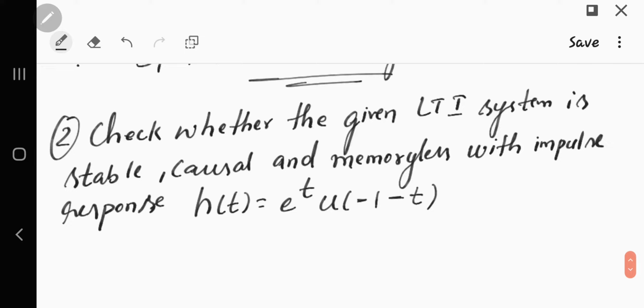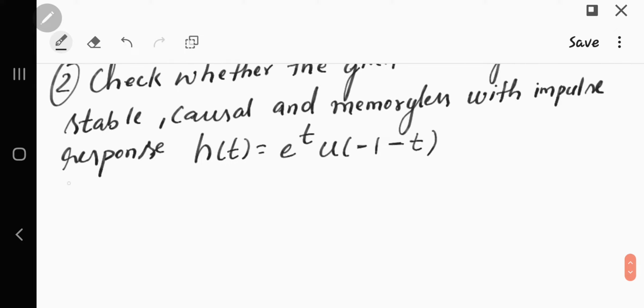So now let's check the properties for this. First we take stability here. So this is the solution for this. So first we check for stability.